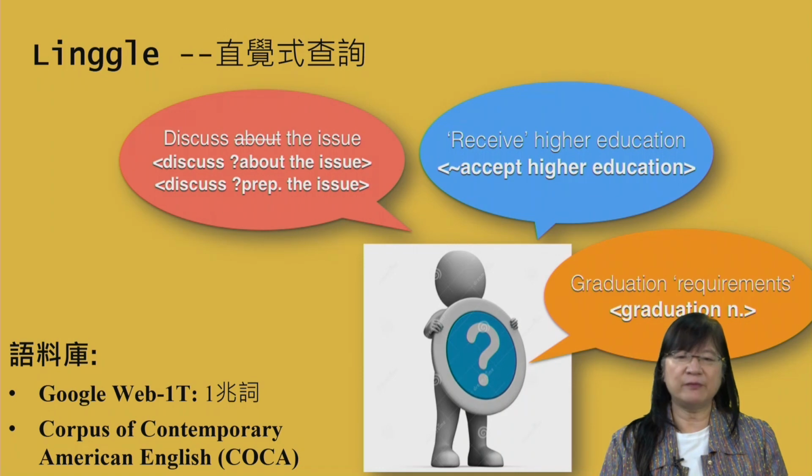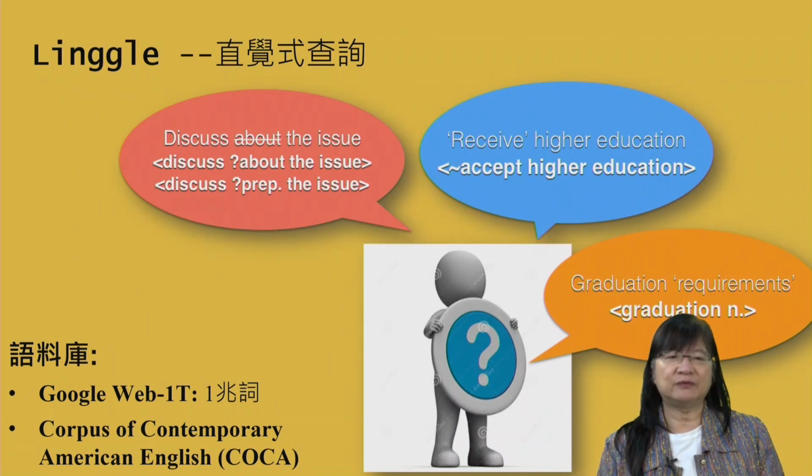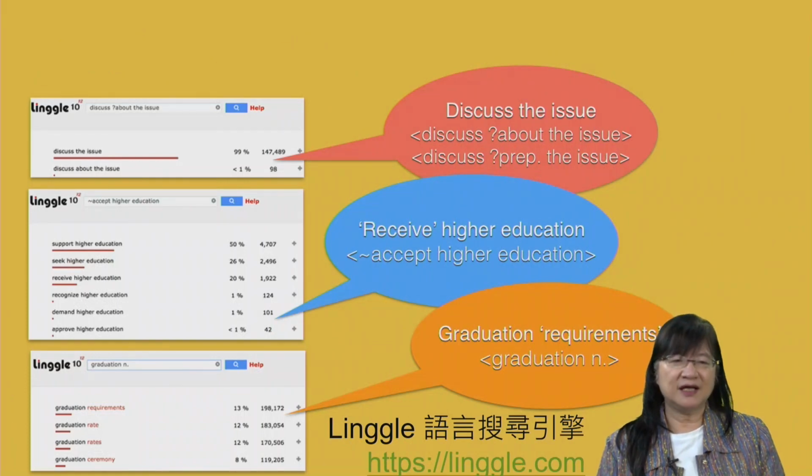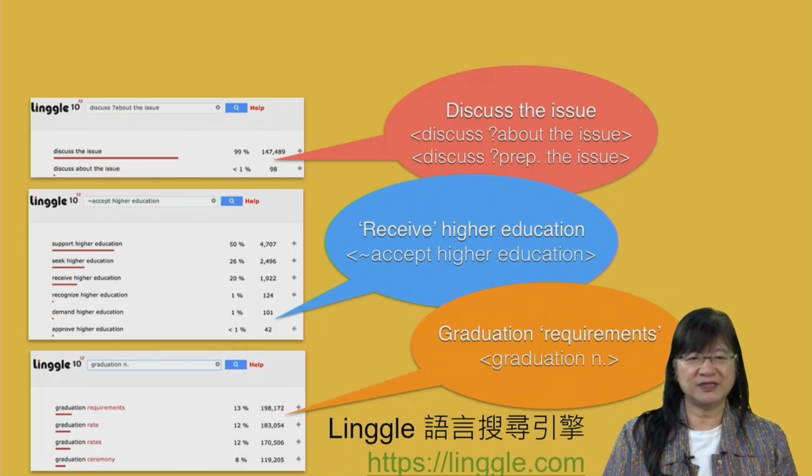And another example is about the graduation requirements, 毕业门槛. So here we are not sure if this is a correct form, correct appropriate term, appropriate expressions. We can check that.